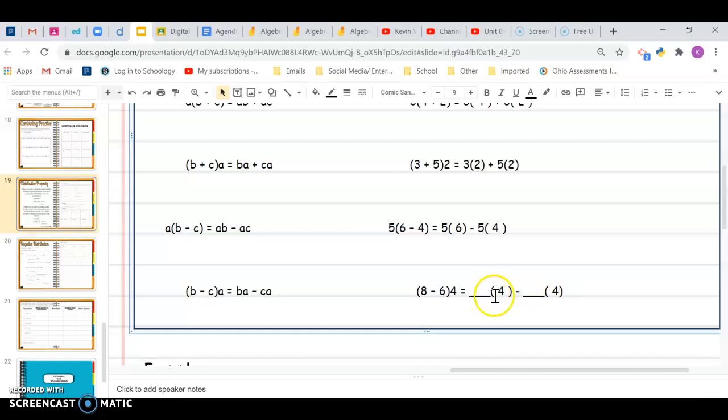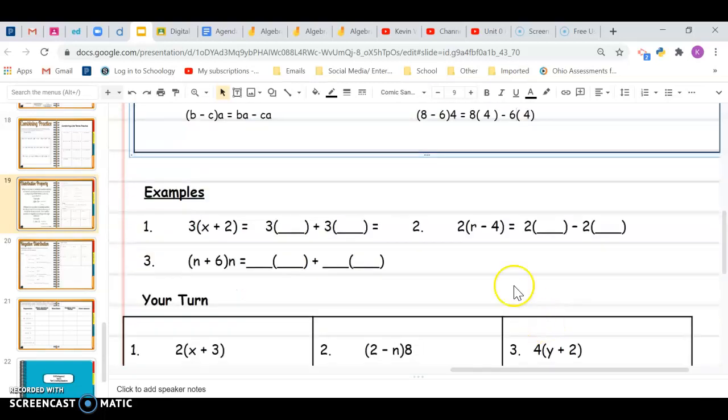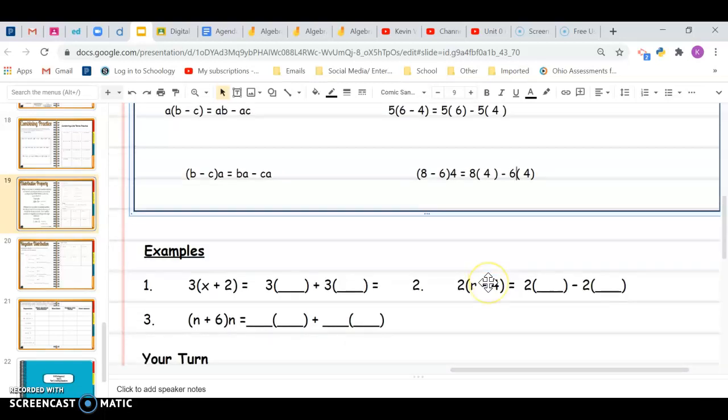So we got 4 there and 4 there. And then over here, I got the first term that's in my parentheses, 8, and a second one that's in my next parentheses, a 6. All right. So we're good here. We got nothing else that we need to complete from that.